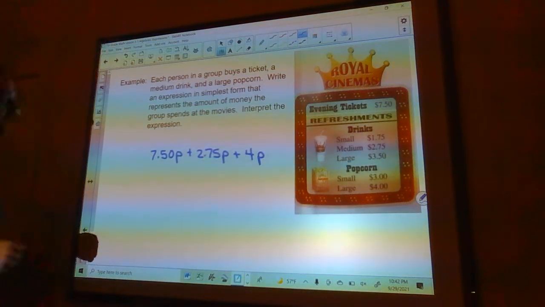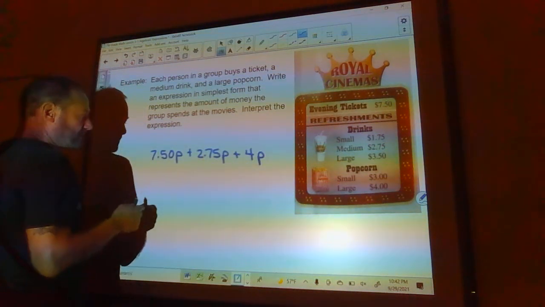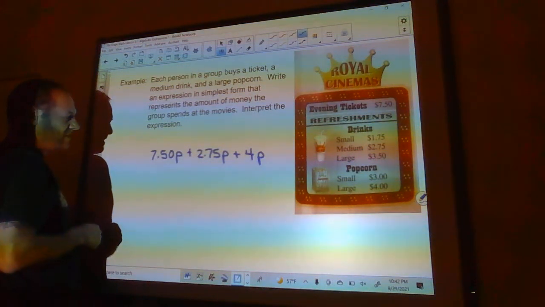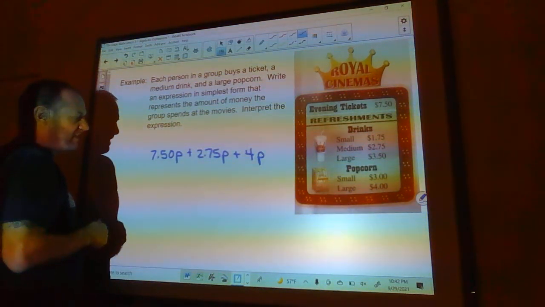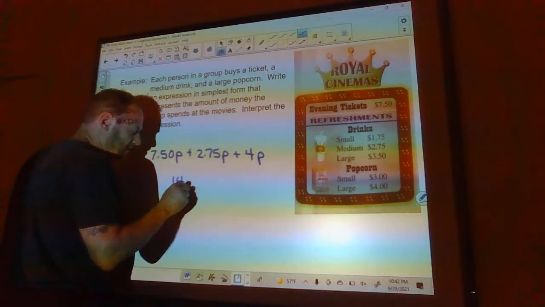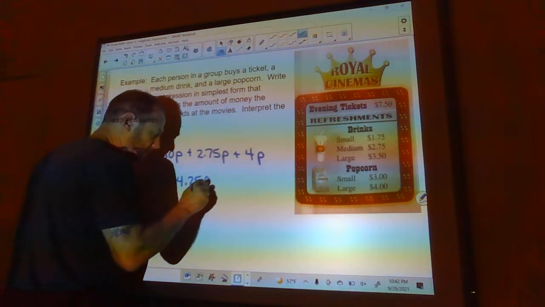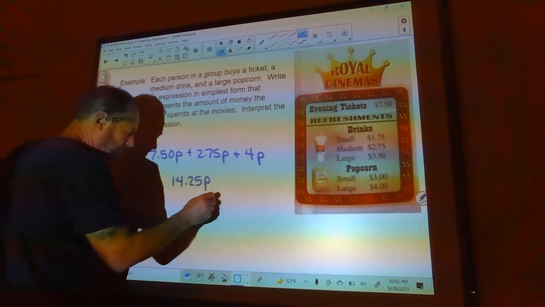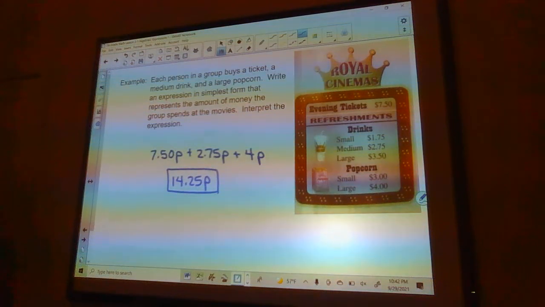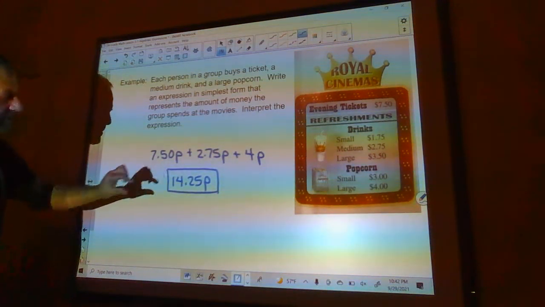Now I can put it in simplest form by just combining my like terms. So 7.5 and 2.75, that's 10.25. Plus 4 would be 14.25p. So there's my expression in simplest form.